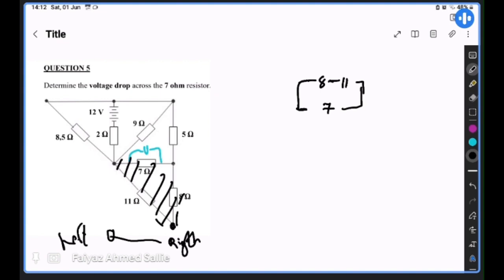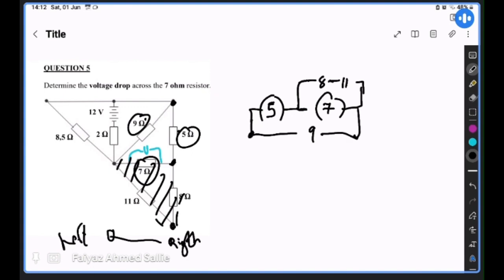Let's now go here. So we have a 5, right? From there to there is a 5. And then between 5 and 7, we have a 9. So let's draw the 9.